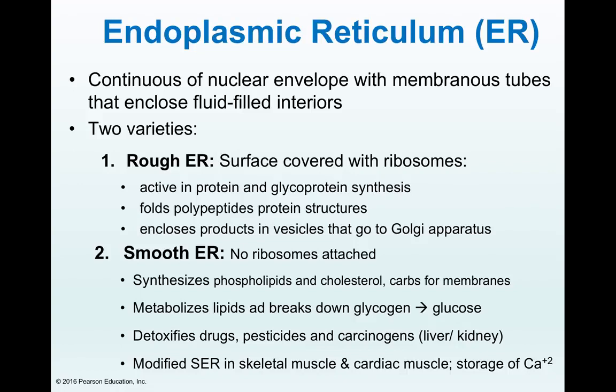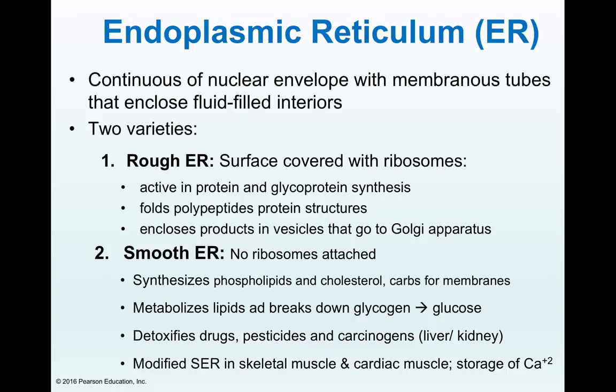It also has other functions depending on the specialized cells. It has the ability to break down glycogen, which is a complex form of carbohydrate, into simple molecules of glucose. It also has the ability to detox drugs, carcinogens, and pesticides, if you're talking about smooth ER present in cells of your liver and kidney.